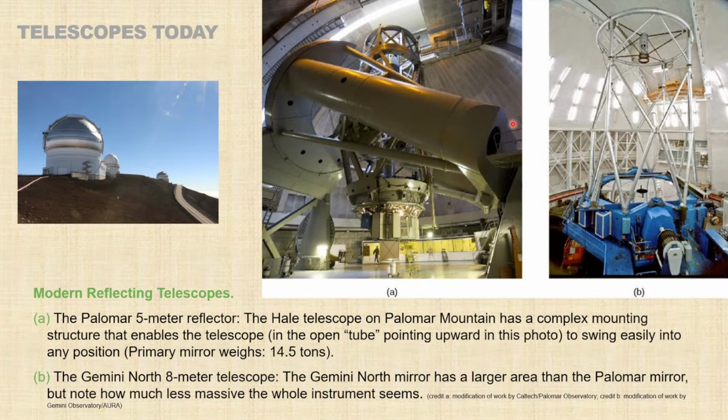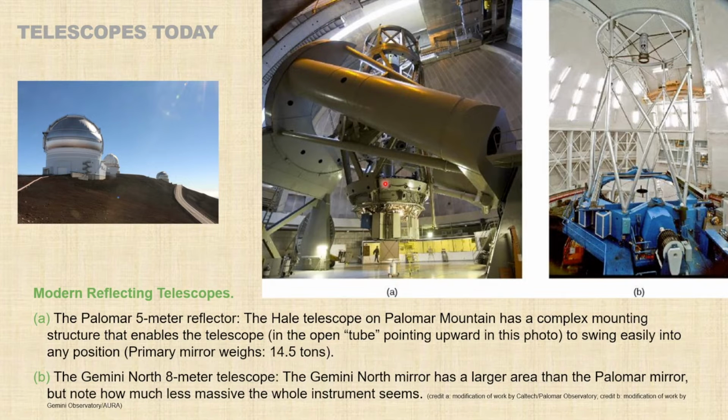When you build a bigger mirror, back then with the technology, it got much heavier too. This one was 14.5 tons for the 5-meter telescope, and when it's that big, it can sag due to gravity, due to its weight, and distort, and so they had to build another 100-ton supporting system.